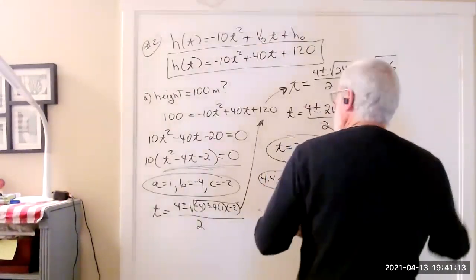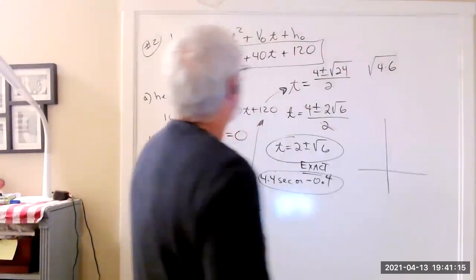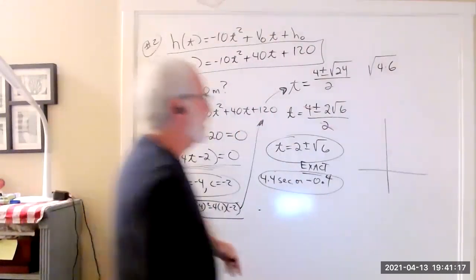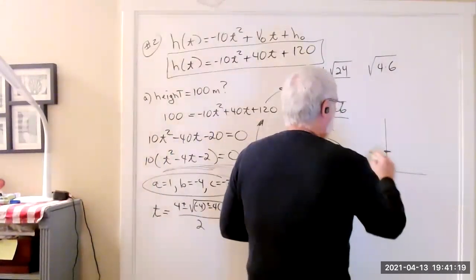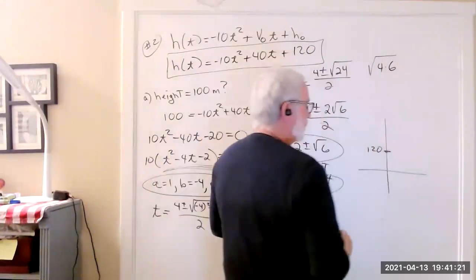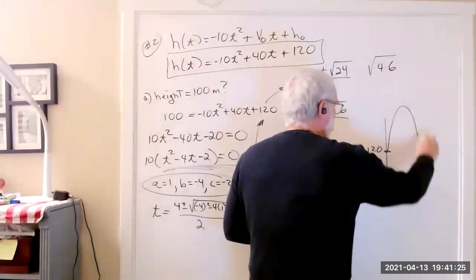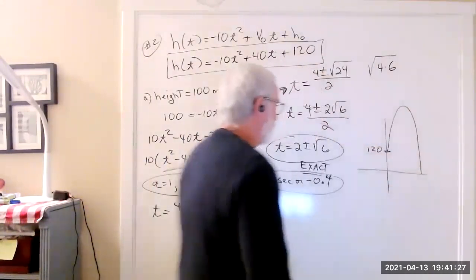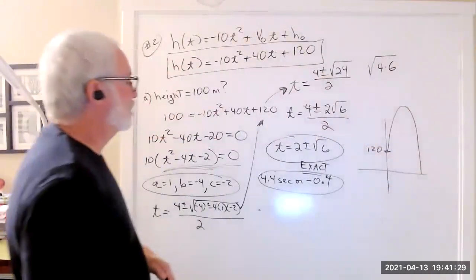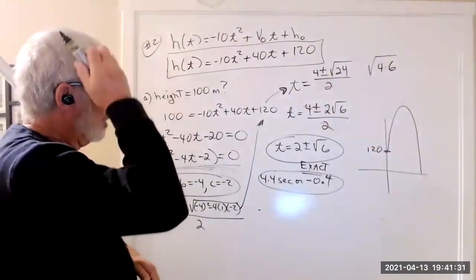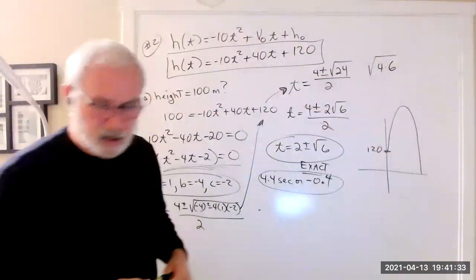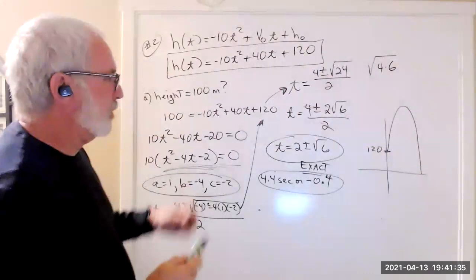Think about this problem. The princess is standing at 120 feet above sea level. She throws the rock up in the air, it comes back down. What this is saying is, when was it at 100 feet? Well, wait a minute.